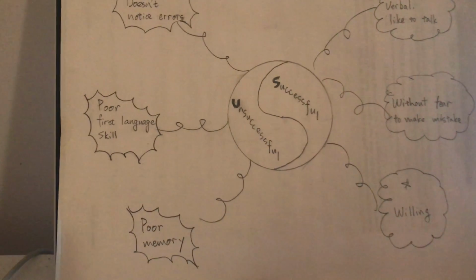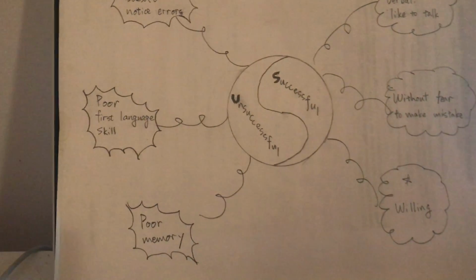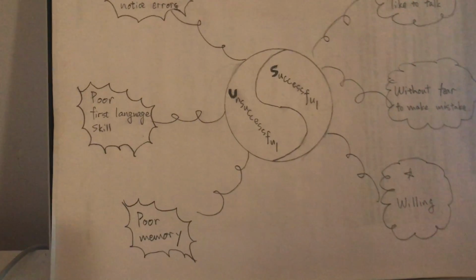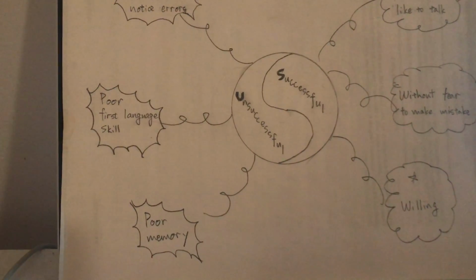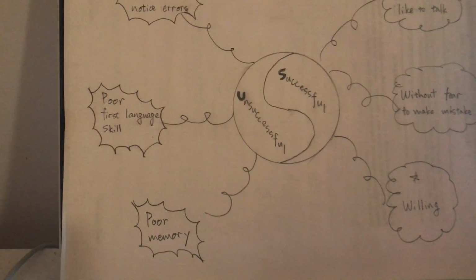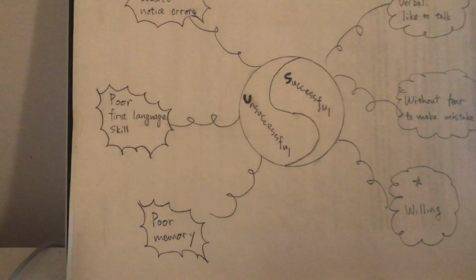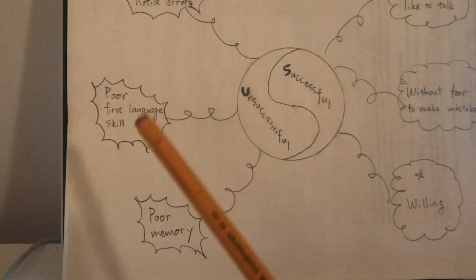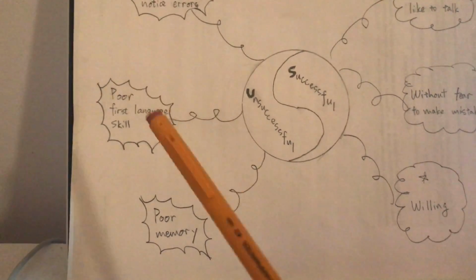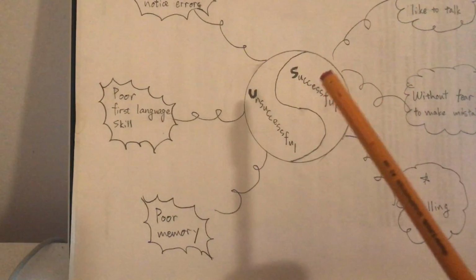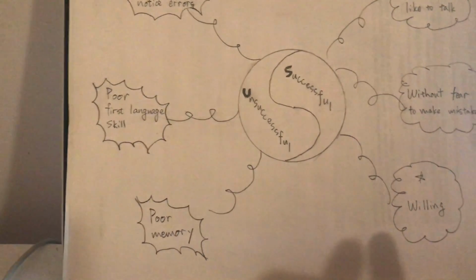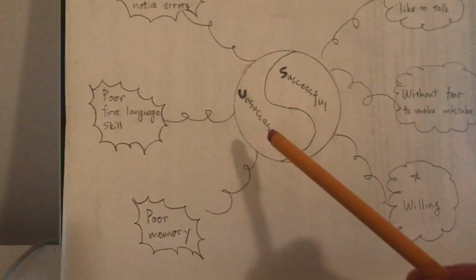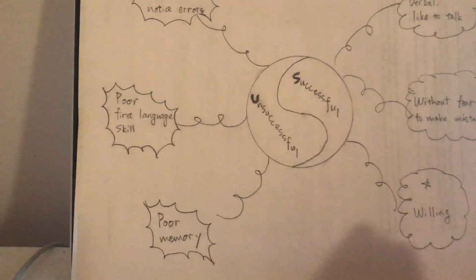They cannot even learn something well in their native language, and it is more impossible for them to learn something new in the second language. So it is a shame, but to have a good first language skill is a really important condition to be successful. And if students have poor first language skill, then they will be unsuccessful.